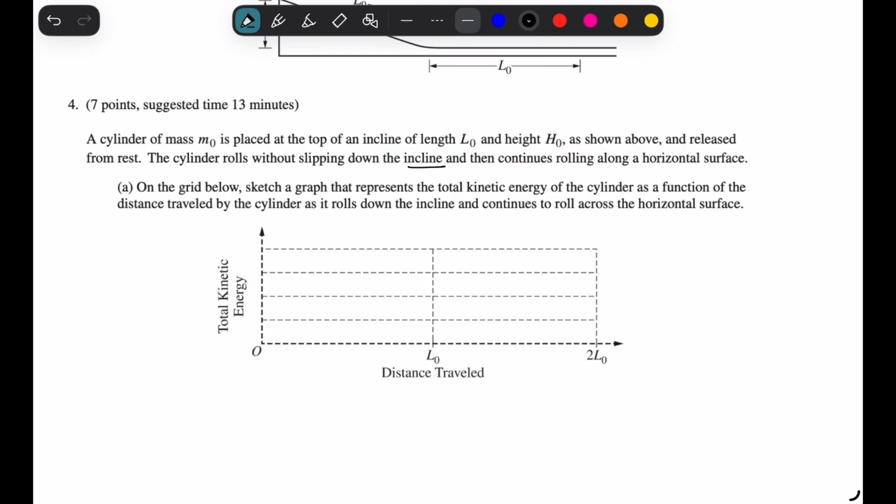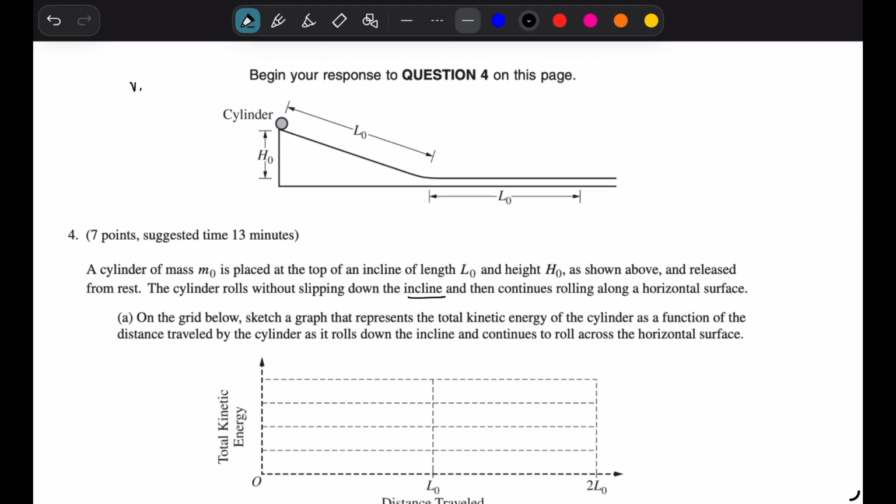So if it starts from rest, that means your V initial is going to be equal to 0, and kinetic energy is 1/2 mv squared. So your kinetic energy would be 1/2 m times 0, making your kinetic energy in the initial part of your equation equal to 0.